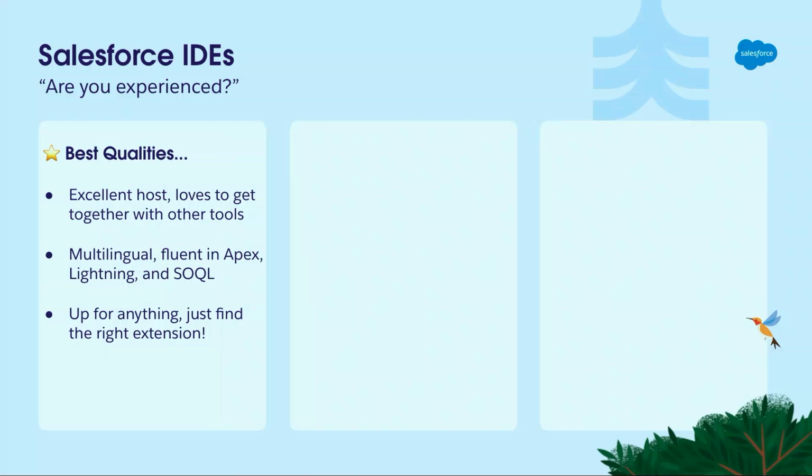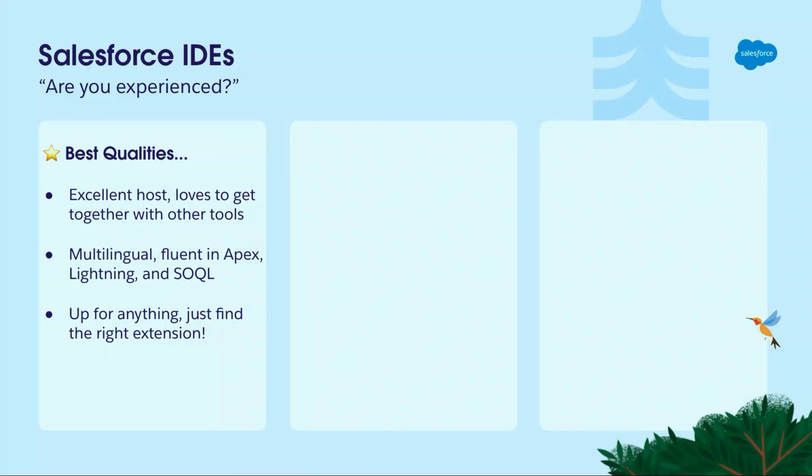The IDE is multilingual. Definitely spent one or two semesters abroad, because the IDE knows about Apex, Lightning, like JavaScript, the LWC flavor of Lightning, SOQL. By having language servers that understand what the syntax is for each of these languages, it can give you IntelliSense, it can give you help for different commands or code that you want to run, and all of that is from the language servers.